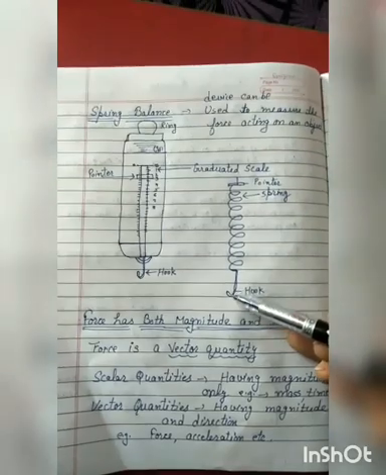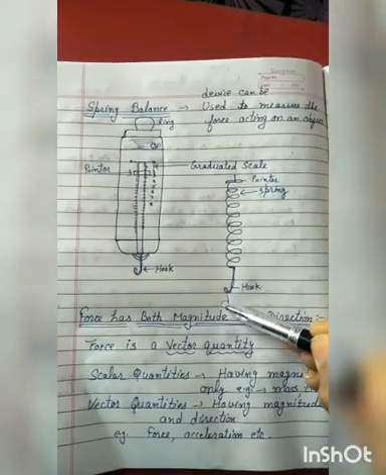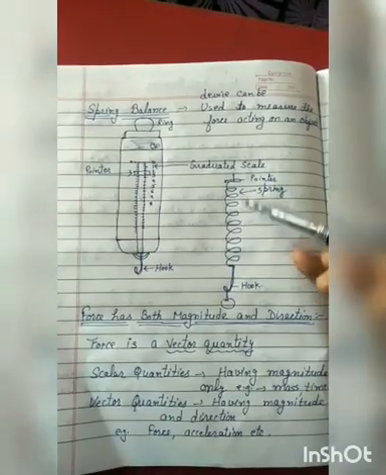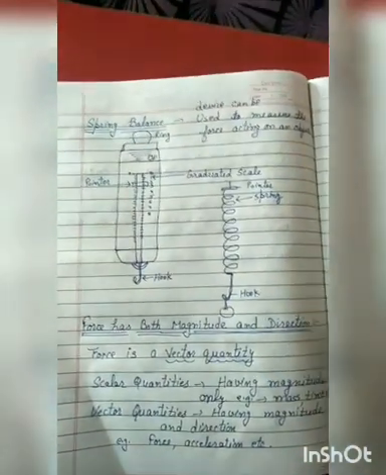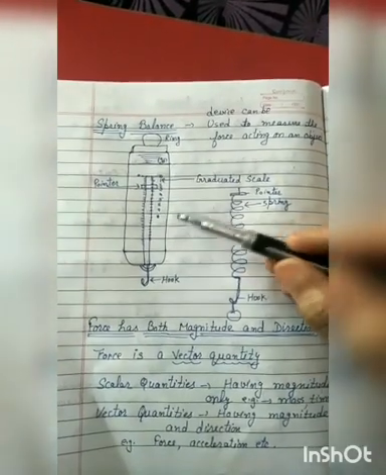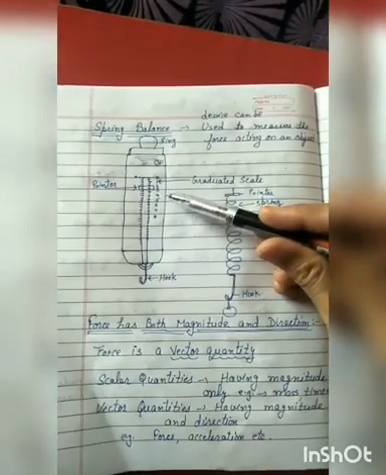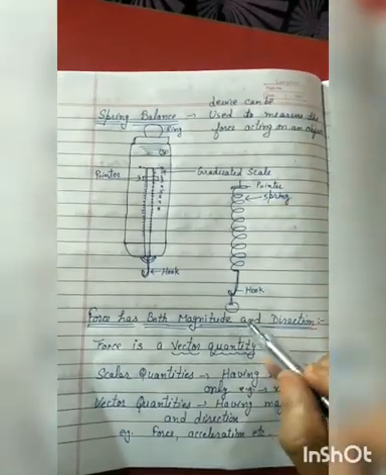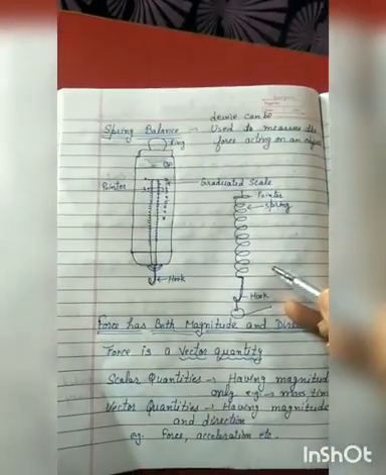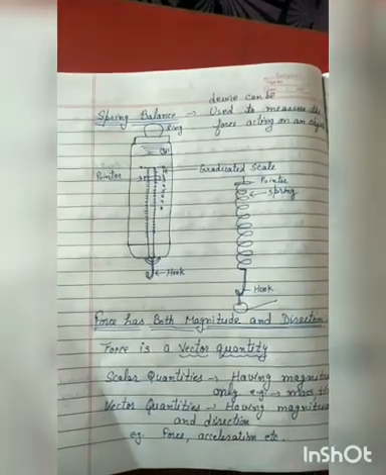So when we hang an object over this point, what will happen? The spring gets stretched, the pointer moves, and when the pointer stops, that gives us the reading of force acting on that particular object. So by this we can measure the force acting on the object.